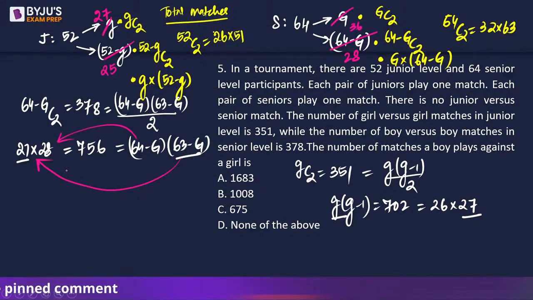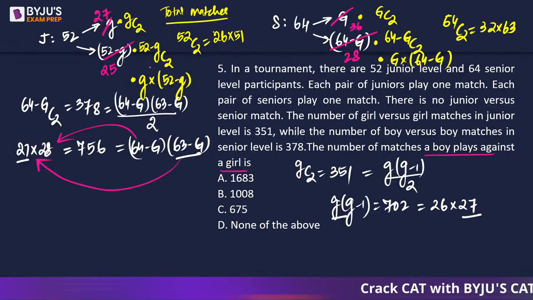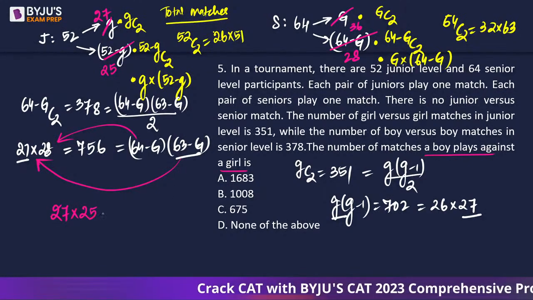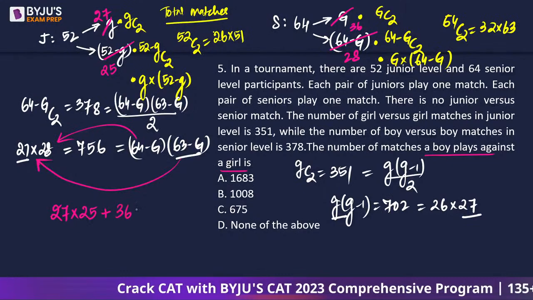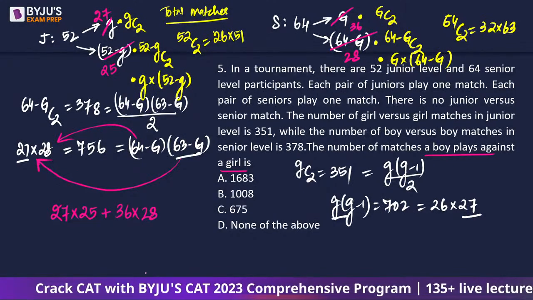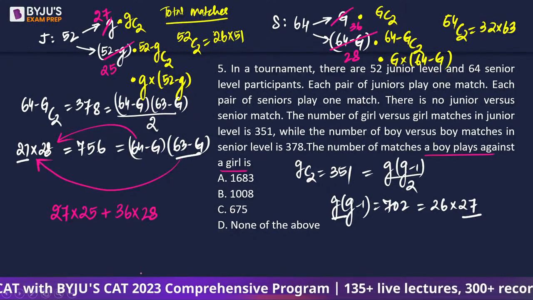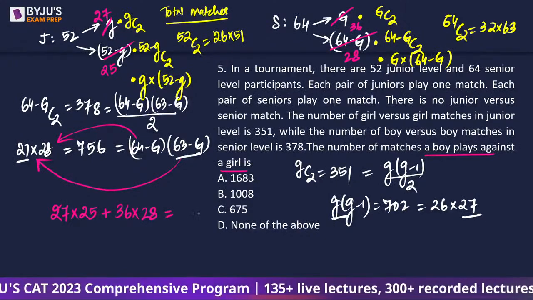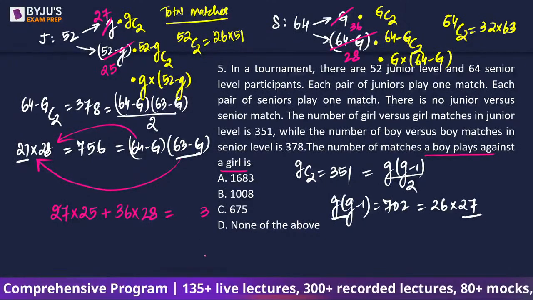Okay, now we are asked to find out the number of matches a boy plays against a girl. So the total number of matches we will have is junior 27 into 25 and senior 36 into 28. So this will result in a 3.